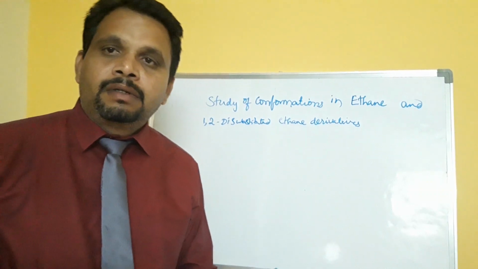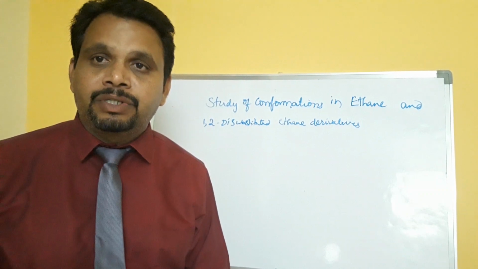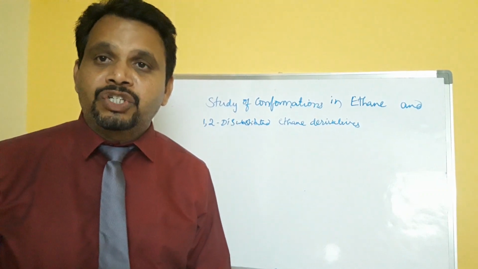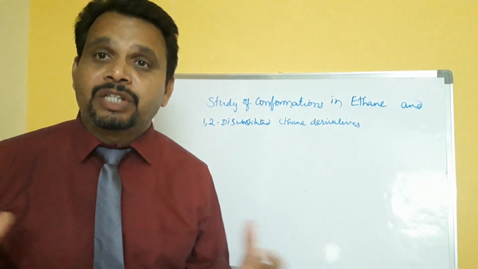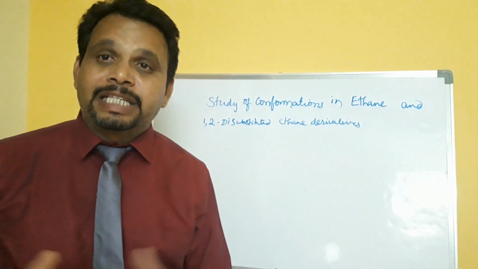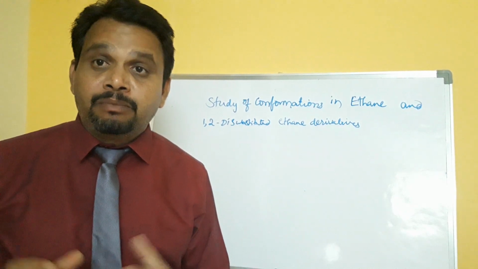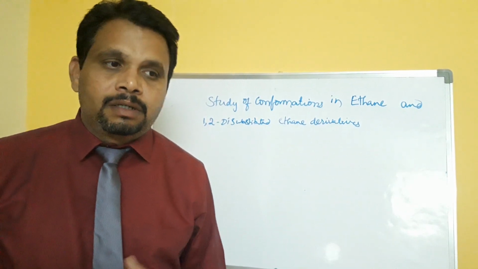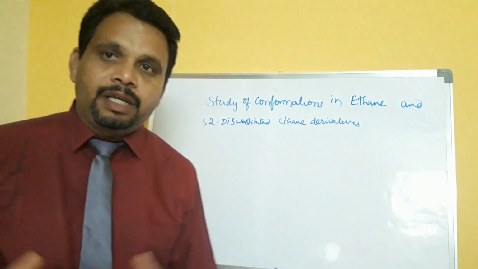Based on the factors which can influence the stability of conformers, we can decide which is more stable and which is less stable, which is more energetic and which is less energetic. We can explain all those things because of those seven factors which I explained in my previous class.